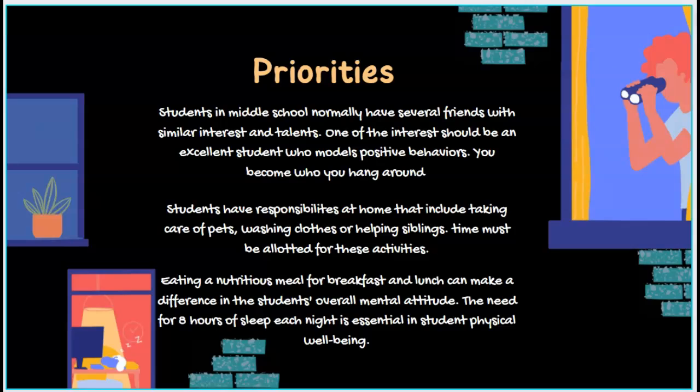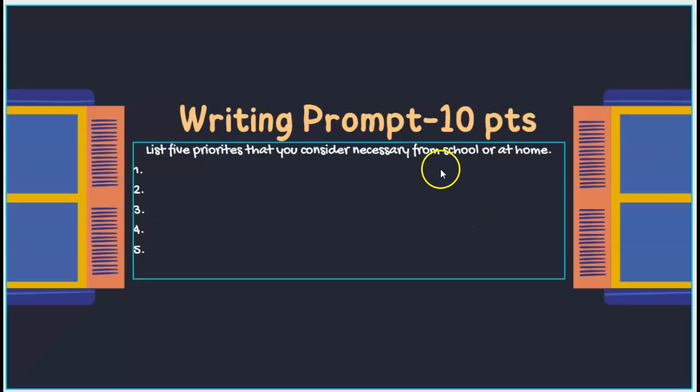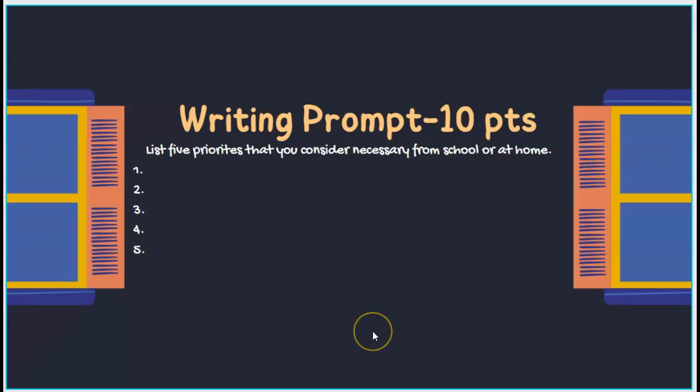This is another strategy to support students in managing priorities, which we then have a prompt about: list 5 priorities you consider necessary from school or at home, just to get them thinking about, wow, maybe there's something out of balance or something I need to put in perspective, like which comes first.